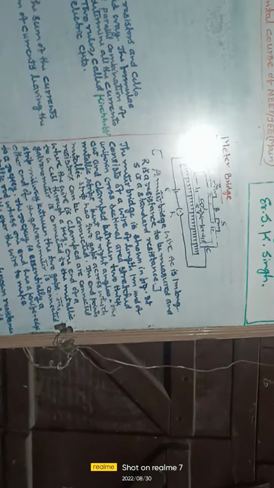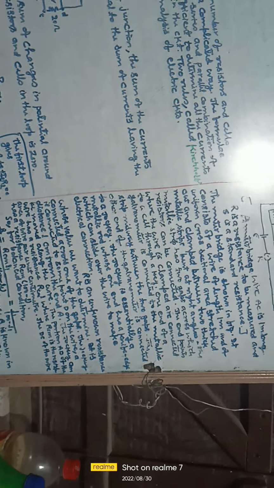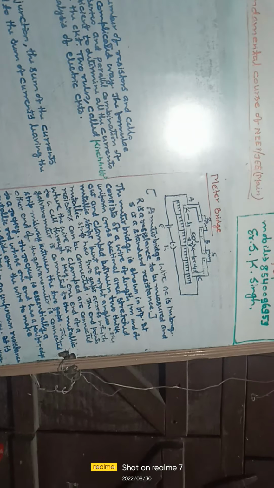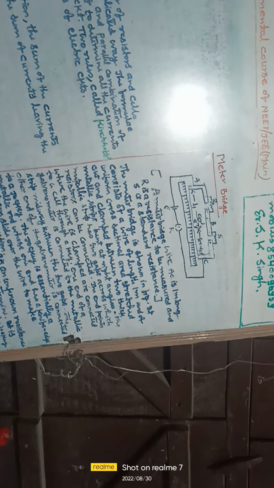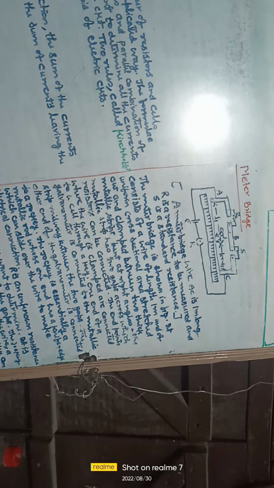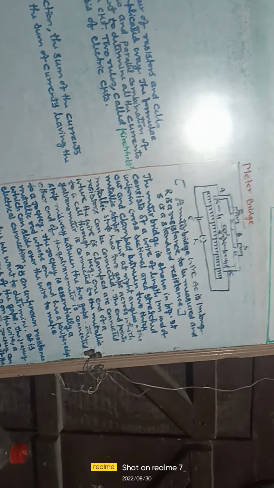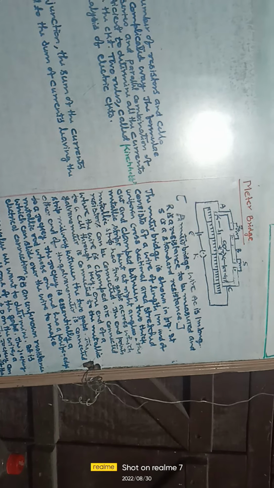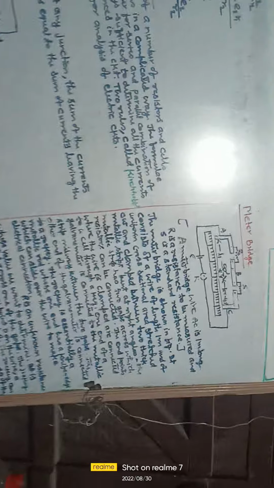Now the meter bridge. The practical application of the Wheatstone bridge is the meter bridge as shown in the figure. It consists of a wire of length 1 meter and of uniform cross-sectional area stretched out and clamped between two thick metallic strips bent at right angles.